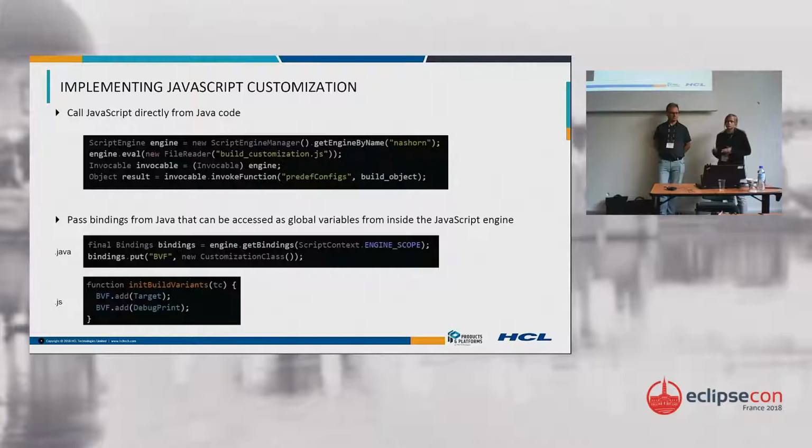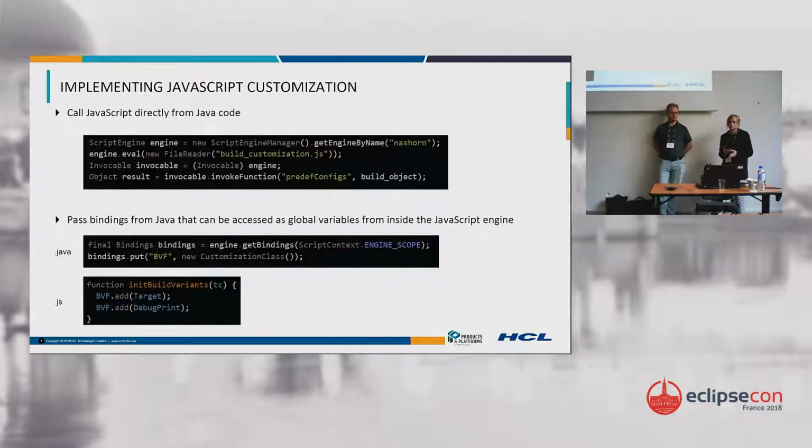And then you can play with that, invoking the functions that you defined in the JavaScript and providing Java objects as the arguments. When you are developing the JavaScript and you want to easily access the methods from the Java classes, you can play with the bindings.